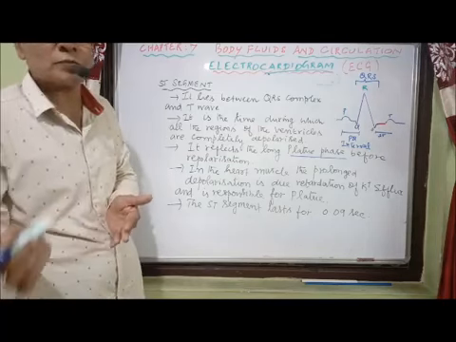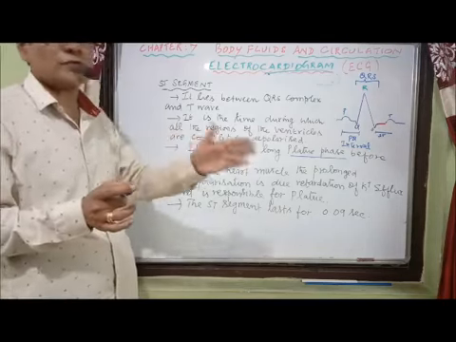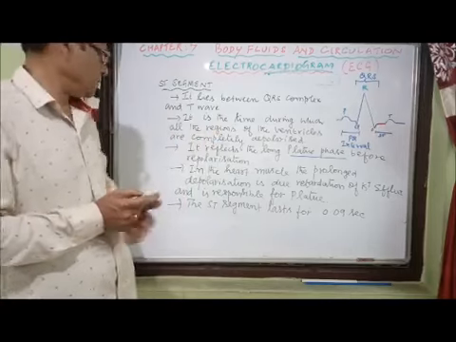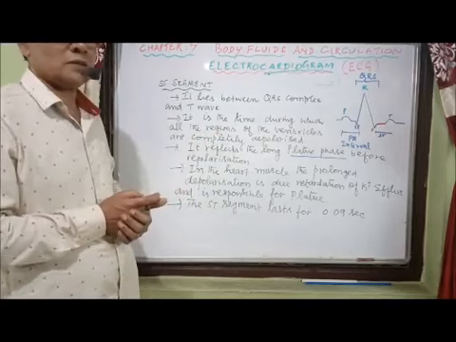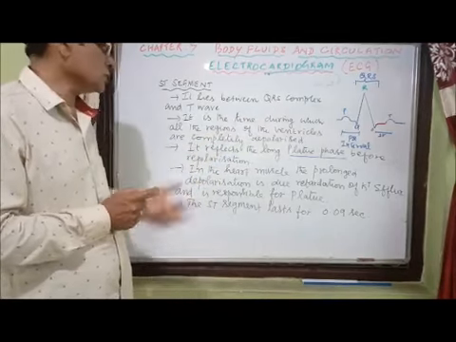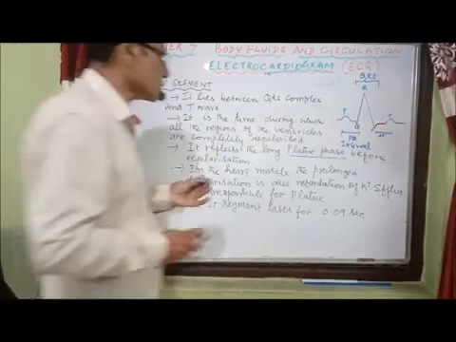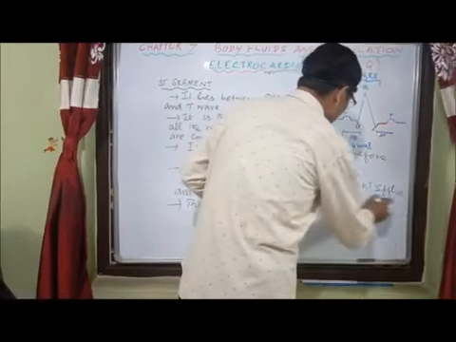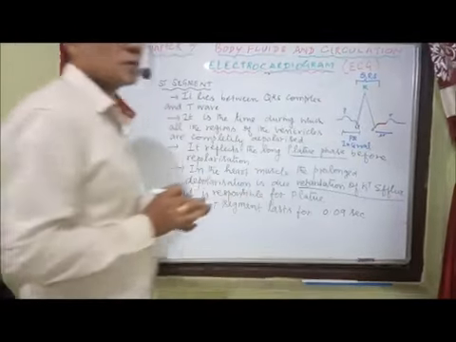Efflux means the movement of potassium ions away from the cell. So, in the heart muscle, the prolonged depolarization forming the plateau is due to retardation of potassium ion efflux.